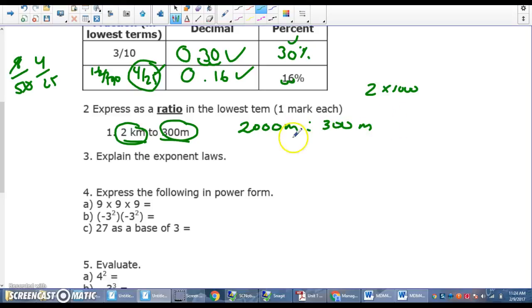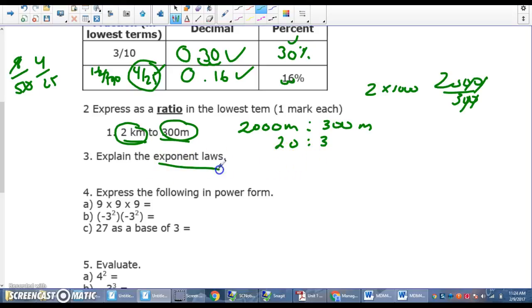So think of this as a fraction, as a ratio: 2,000 over 300. The first thing you can do is divide by 10, divide by 100, chop the zeros off, and you end up with 20 to 3. 3 is a prime number. Its only factors are 3 and 1, and neither of those go into 20, so we know we're done.